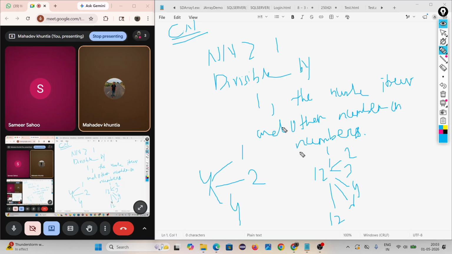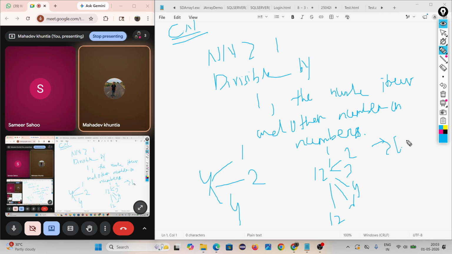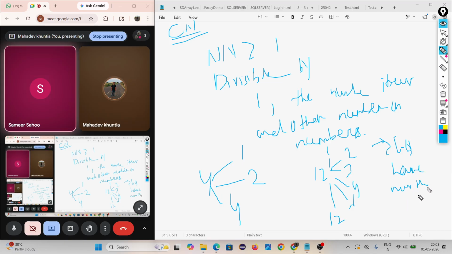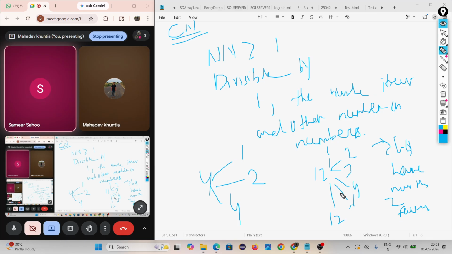A composite number has more than 2 factors.